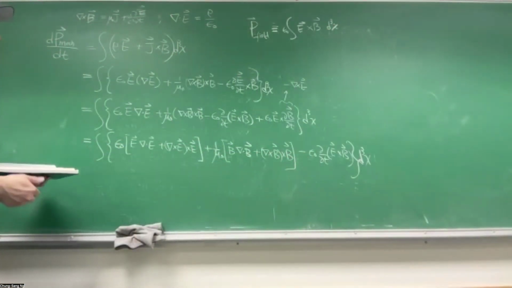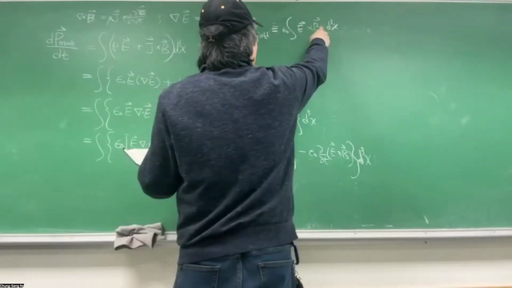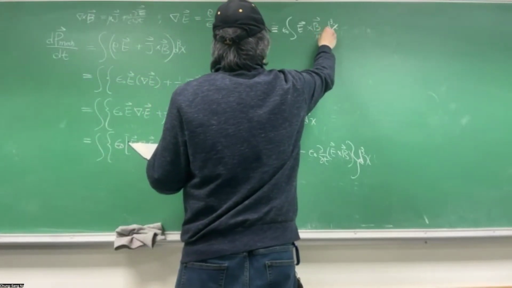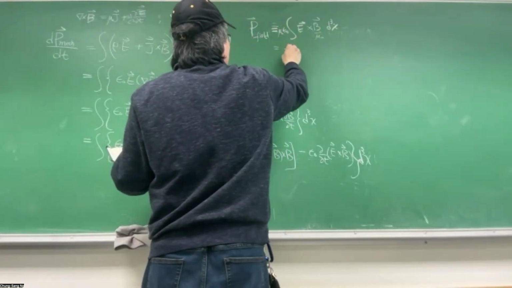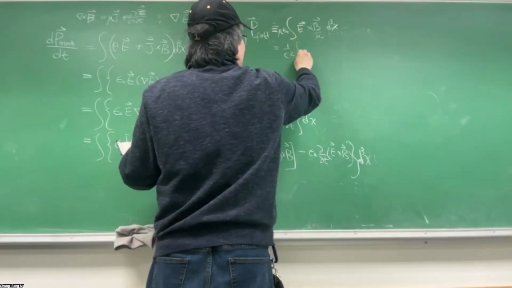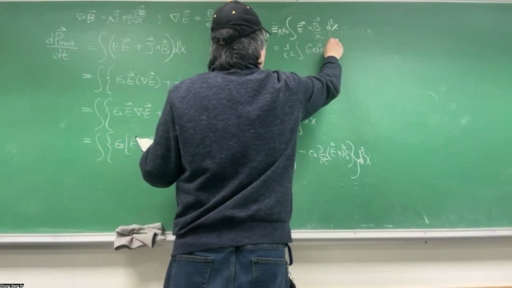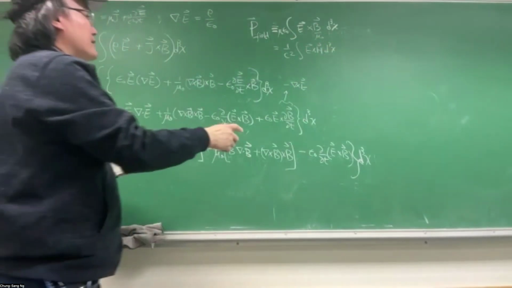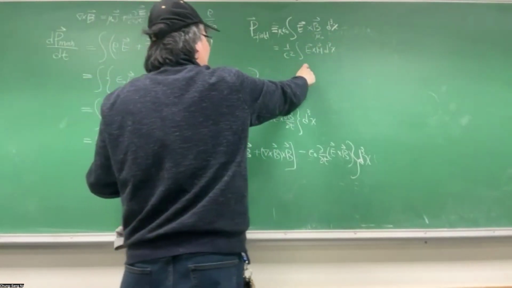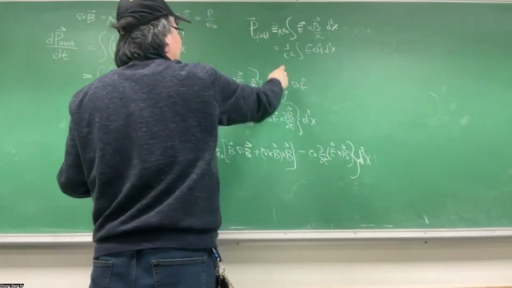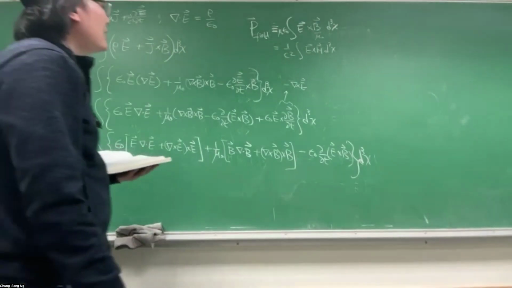So that is kind of close to Poynting. For Poynting it is like E cos H. E cos H is B over mu 0 for vacuum. You multiply by mu 0, and the combination is 1 over c squared. That is E cos H, and that is S. We integrate, now it's a volume integration of the S, and we divide it by c squared. That would be your field momentum.